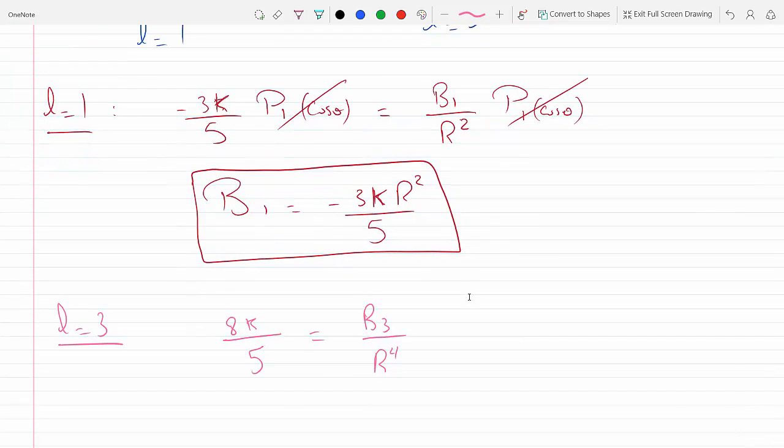I cancelled out the Legendre polynomials because they're the same on both sides, just like the L equals 1 case. So what do I get for B3? I get 8k R^4 over 5.